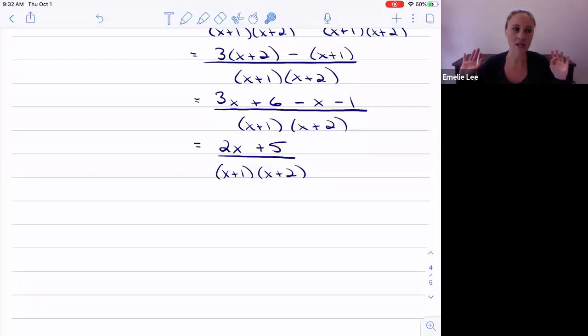So I would say here, I'm done. What I'm looking for is if I were able to pull out either an x plus 1 or an x plus 2 here, that would be great, but it doesn't look like I can, so that's all right. We're done.